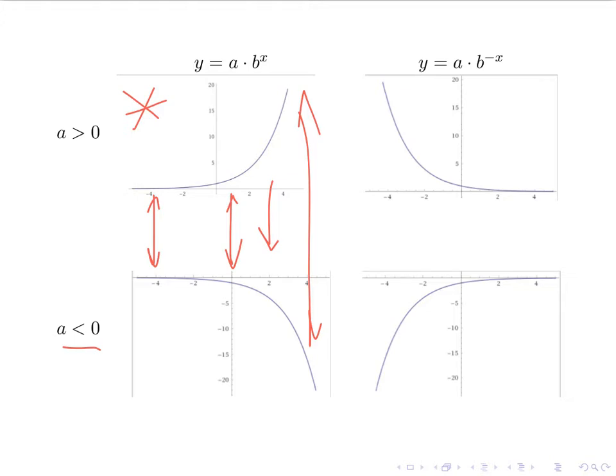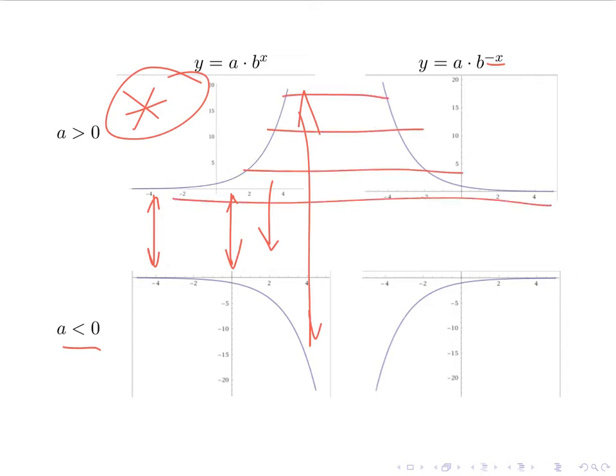If I go back to my original and I make the exponent negative, if I looked at y equals 2 to the negative x, y equals 4 to the negative x, then what I'm doing is flipping my picture across the y-axis, and things get flipped this way.